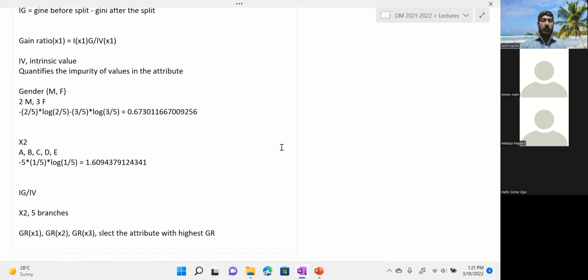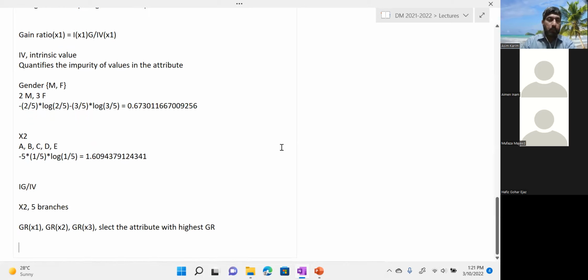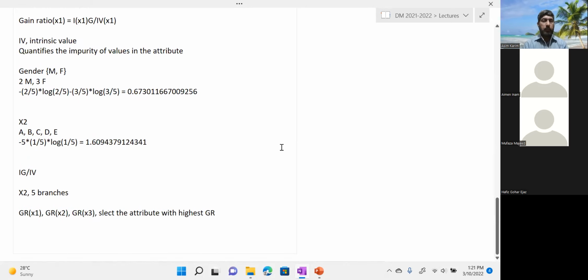So if an attribute's IG was high, but its intrinsic value was also high, then its GR will become lower. Okay, so these are the three measures that we will talk about in classification.